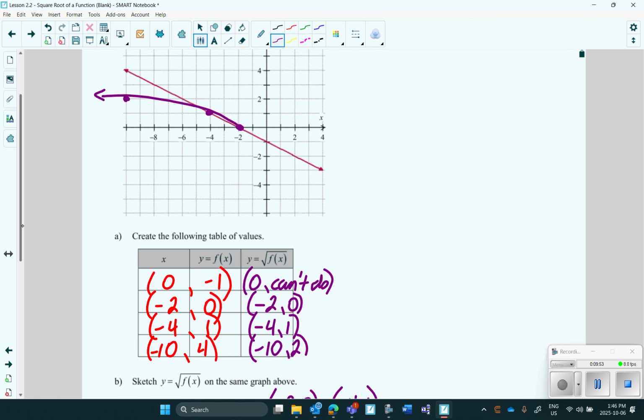So like if I said this, here's how we can graph without having to do this work. What if I said this?